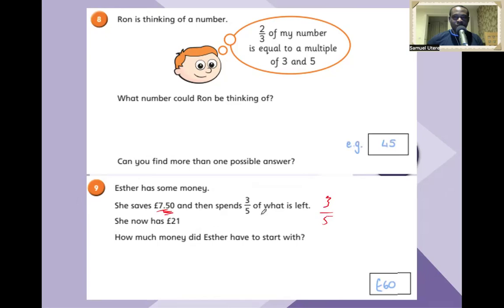And then she spends 3/5 of what she has left. So it's a bit like saying, okay, let's draw a bar model. So if she has, all right, so 3/5 of what she has left.